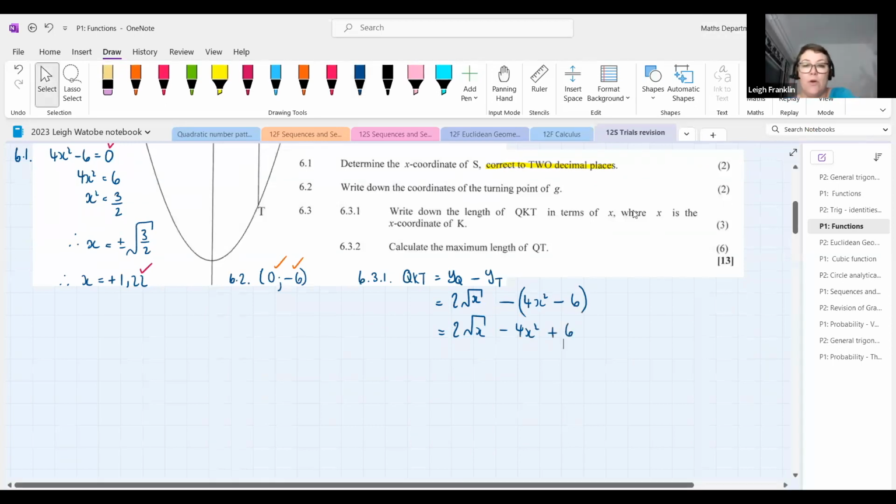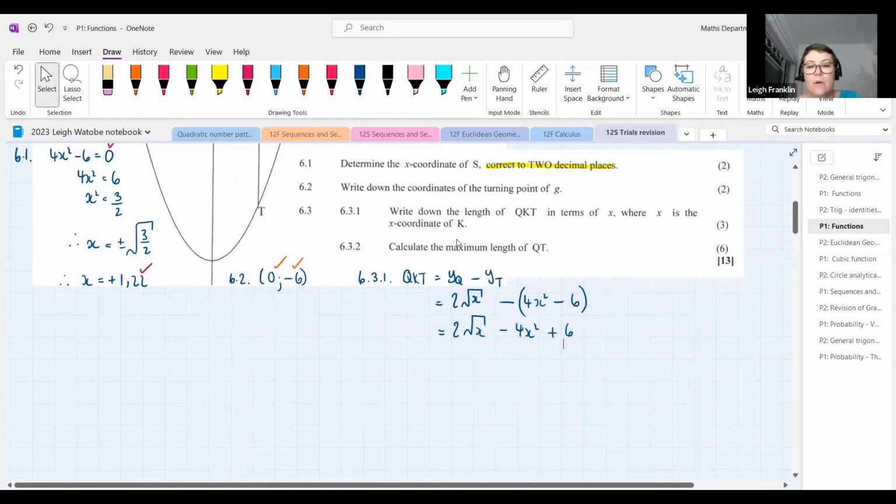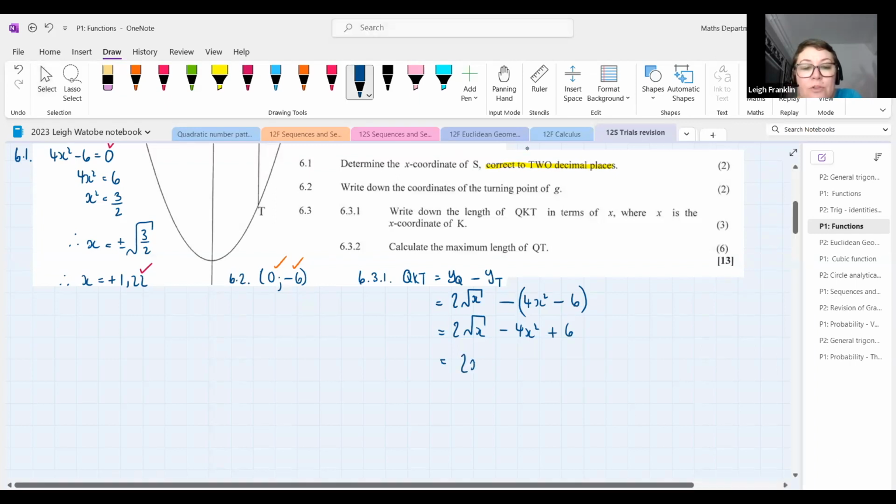Quite right. There we go. Good. Very naughty not to put brackets around my binomial. So what can I do with the root x? There we go, Iola. Lovely. All right, so I can write this as 2x to the power of a half minus 4x squared plus 6. Lovely.